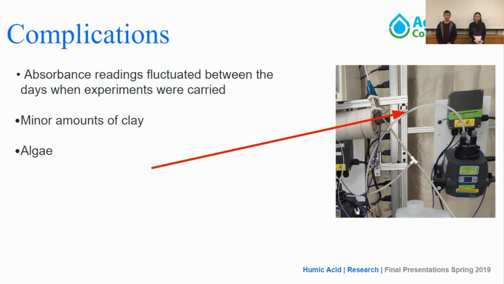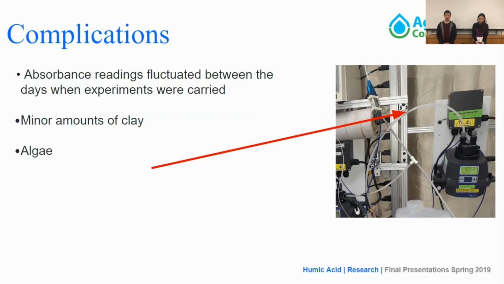So there was some confusion in using the data, because the absorbances are much higher than the other trials, since the absorbance of the distilled water that day was much higher than the others. And so that was one of the complications we ran into during experimentation.